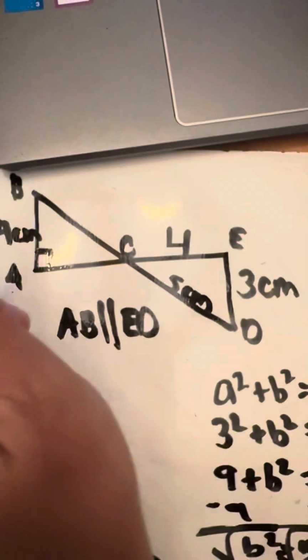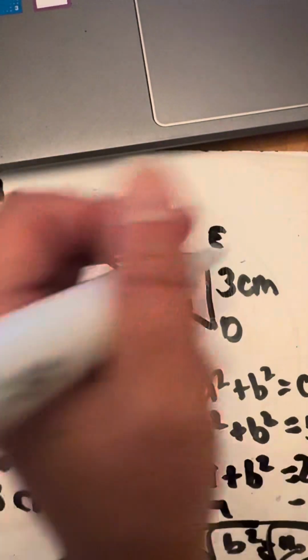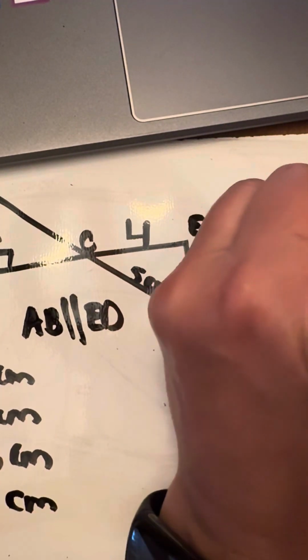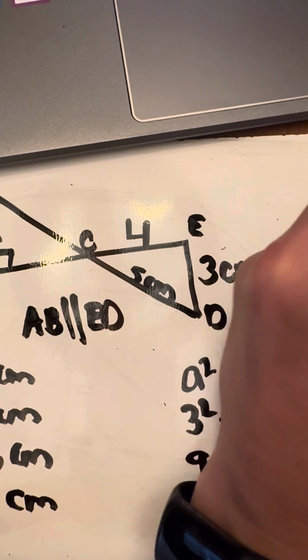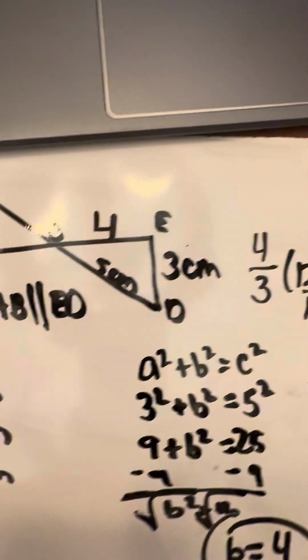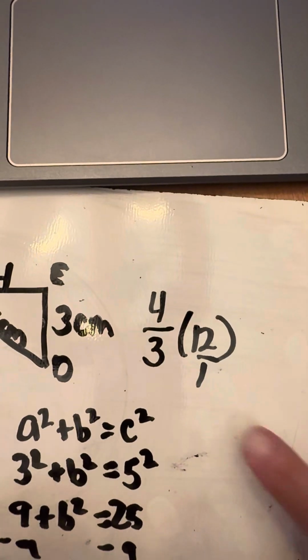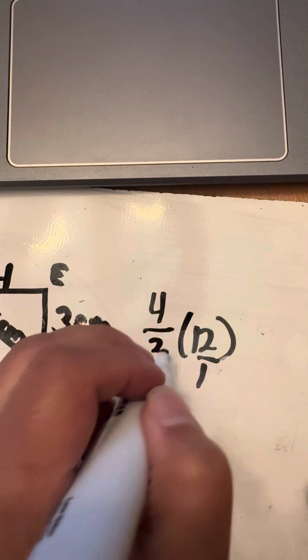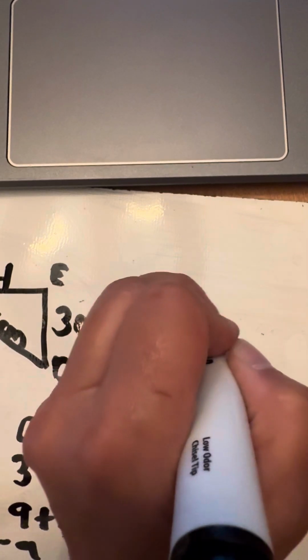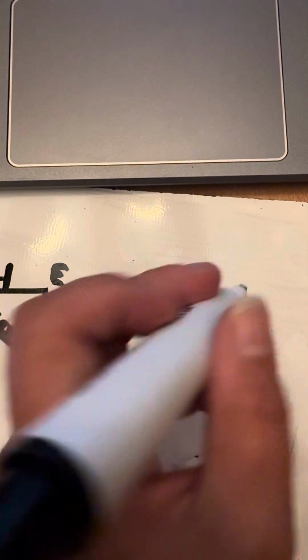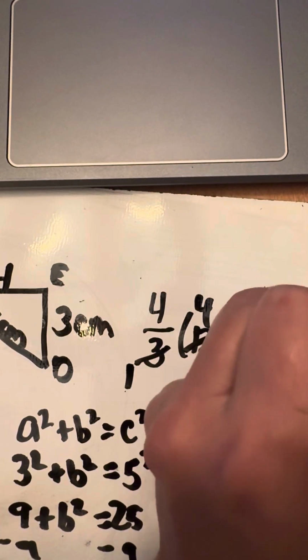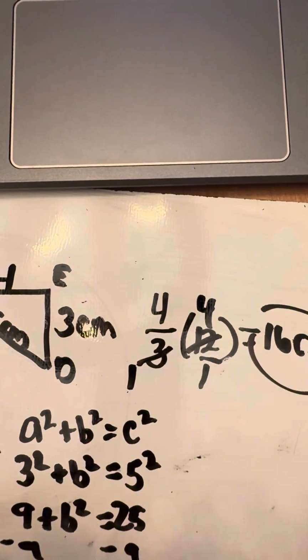Again, because these are similar triangles, you're going to do 4 over 3 times 12, or 12 over 1, if you want to keep it consistent. We can simplify. 3 goes into itself once, 3 goes into 12 four times, and then 4 times 4 gives me 16. So 16 centimeters is my total.